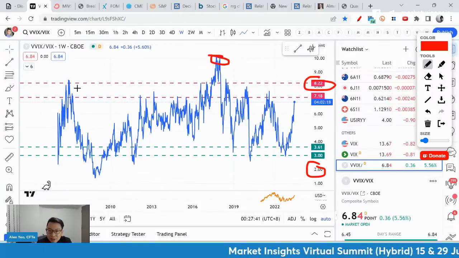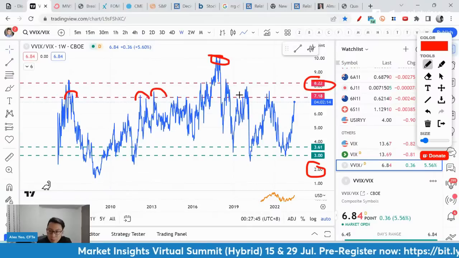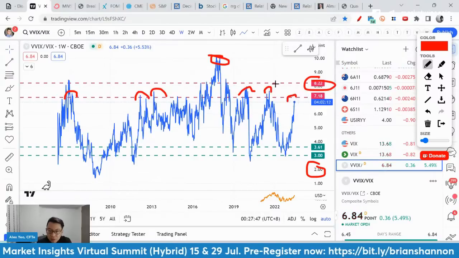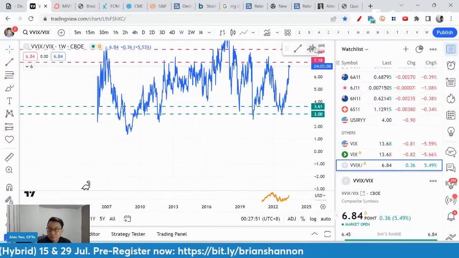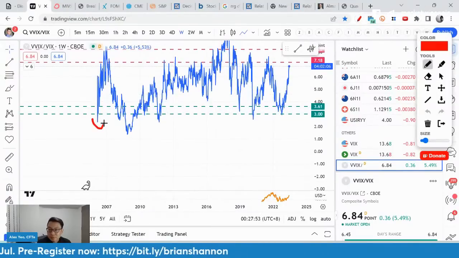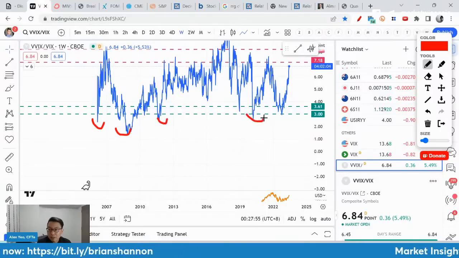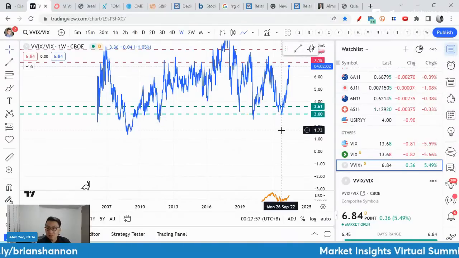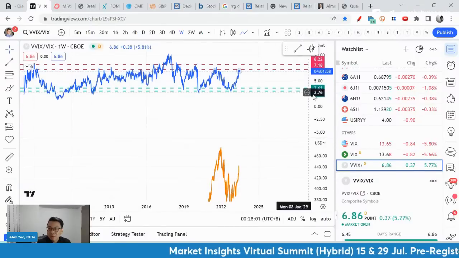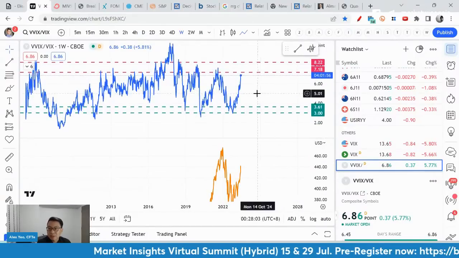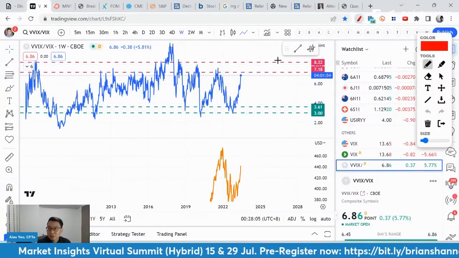But generally it tends to be at about the 7, 8 region. This is the top. And the bottom is about reading 2 or 3. So you can see that we are somewhere very near the top already.